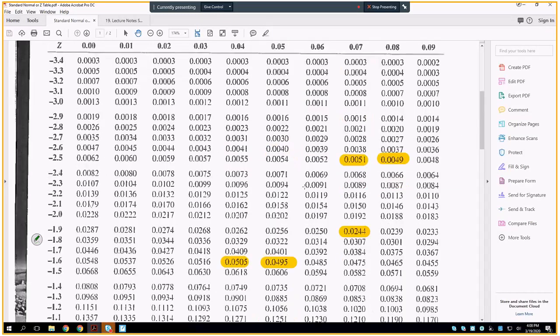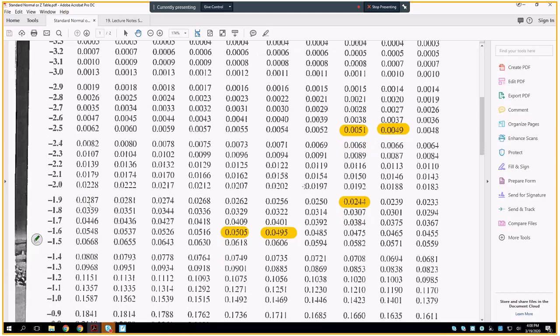Scroll way, way up. And somewhere in here, well, I don't have exactly 0.005, but I'm between these two, so I can take their average. This is minus 2.57, and this is minus 2.58. So I'm going to take the average of those two z-scores, and I'm going to call that my z-score.